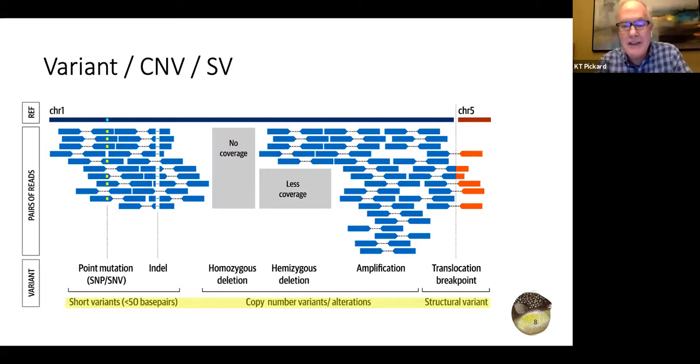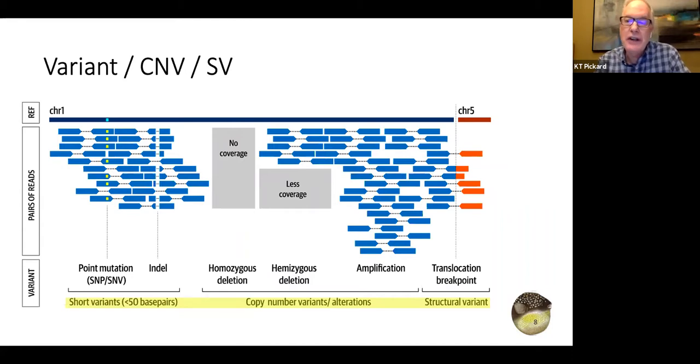Over to the right then, amplification, where there's extra copies of information that leads to different phenotypes. An example would be Huntington's disease, where there is a large number of excess alleles for a particular location on the gene, and that causes some serious issues.